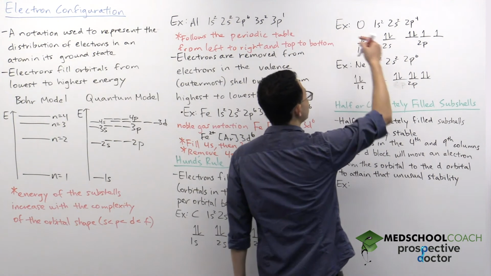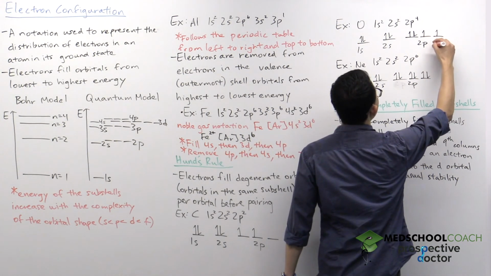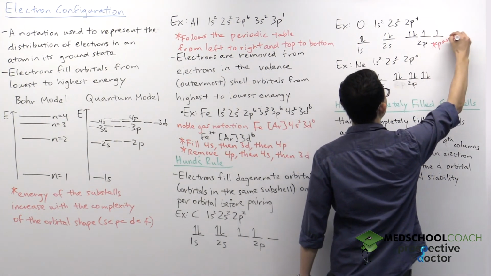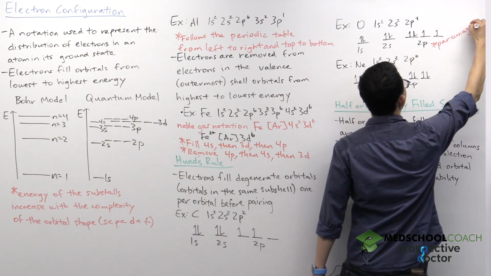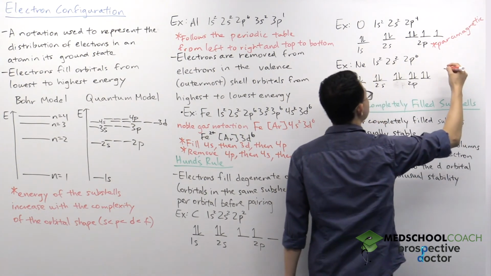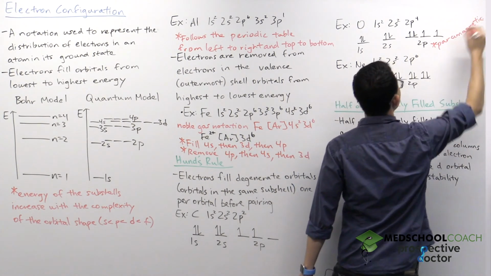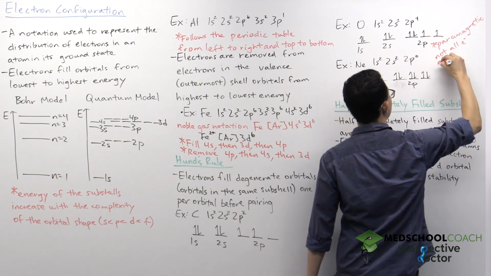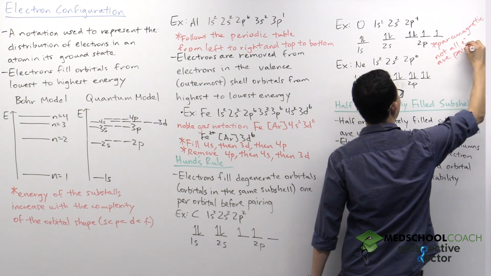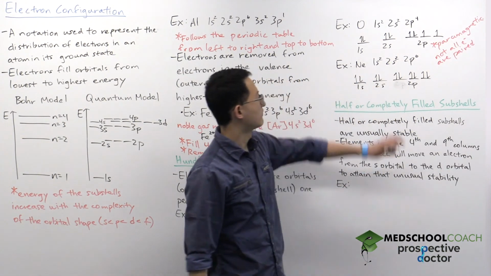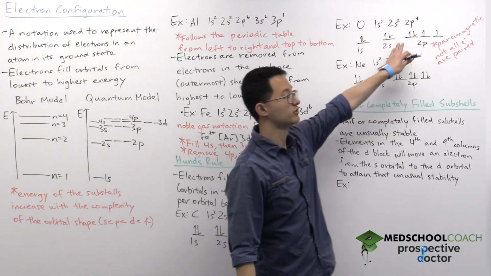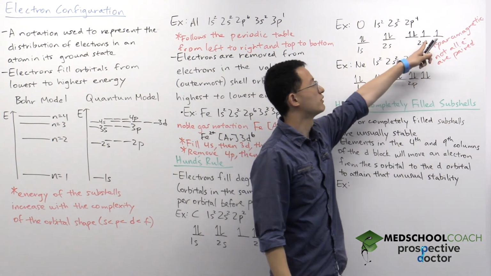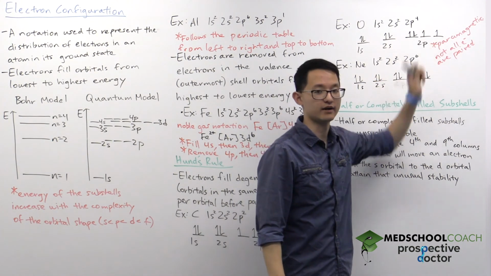So, oxygen on the top, this is what we call a paramagnetic species. Paramagnetic essentially means that not all electrons are paired. So we can see here that within an orbital, we have 3 orbitals where the electrons are paired, but we have 2 that are unpaired.